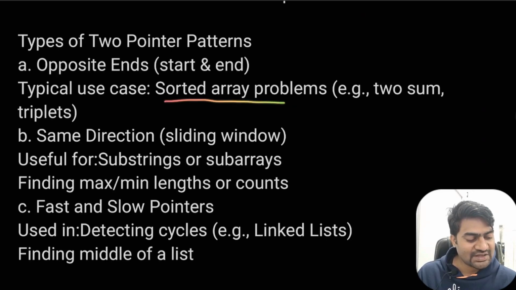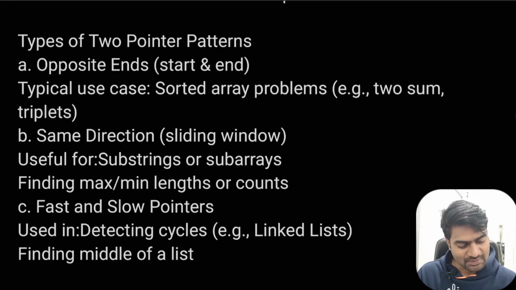For example, there is a famous problem which we have already solved in our previous video, which is the two-sum problem. There is another version of that problem which says the inputs in this array will be sorted. In that case, we will use this two-pointer technique to solve that problem.